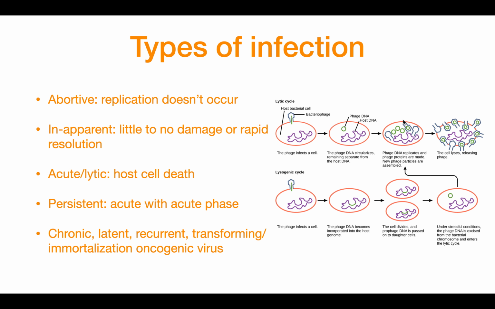Those things get packaged, and then the cell lyses, releasing all the phage. In the lysogenic cycle, the phage will infect the cell and get incorporated into the host genome, and then the cell divides, and the prophage DNA is going to pass on to the daughter cells forever. And under stressful conditions, the phage DNA is excised from the bacterial chromosome, and then that enters the lytic cycle.